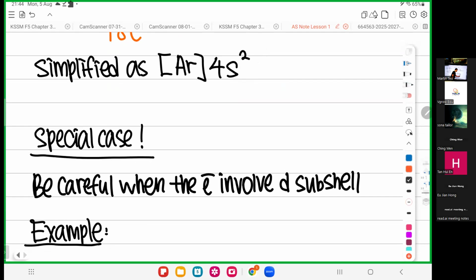So far, everything that I wrote here didn't have a d subshell yet, true or not? Now we want to see how it works.